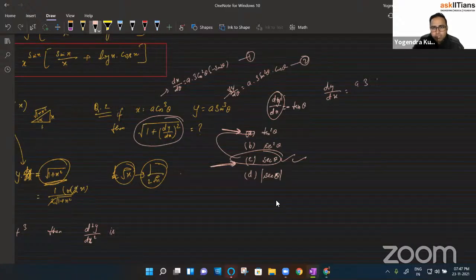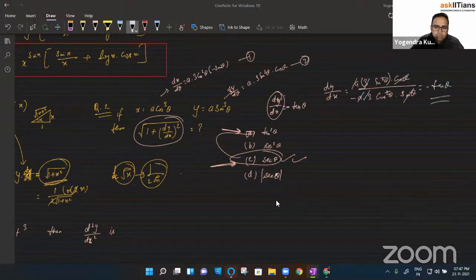A times 3 sine squared theta into cos theta divided by a into 3 cos squared theta into minus sine theta, right? Tell me, Mrithin, are you getting it? A cancels, 3 cancels, 1 cos is cancelling, 1 sine is cancelling. What is left? Minus tan theta, or not? Mrithin, got it or no?